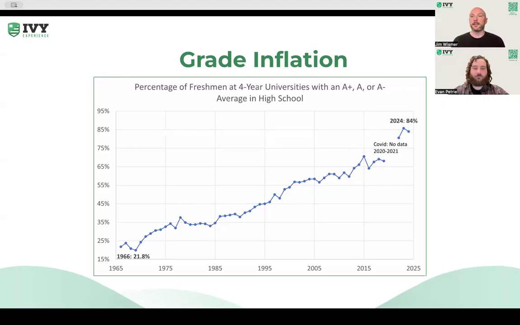So one thing that often comes up when we're talking with families about standardized testing planning is the conversation of, oh, my student's a good student, but a bad test taker. They get mostly A's and a handful of B's, but they're scoring, say, around 1060 to 1090 on the SAT. And the truth is that mostly A's and a couple of B's is a roughly average grade point average for students who are applying to college.